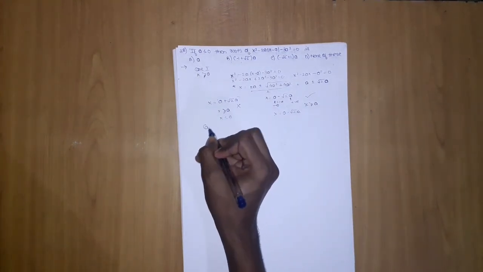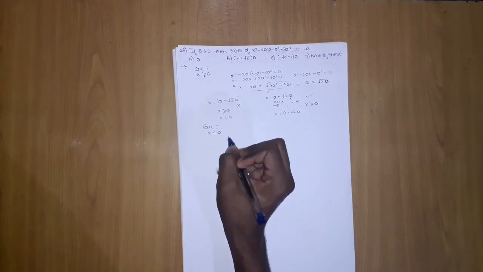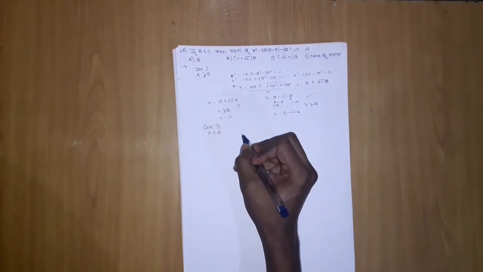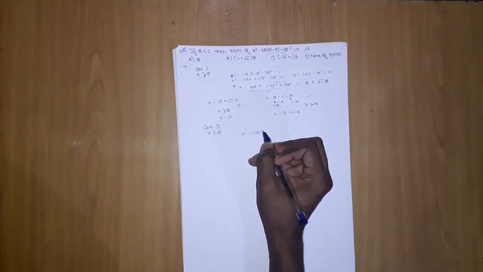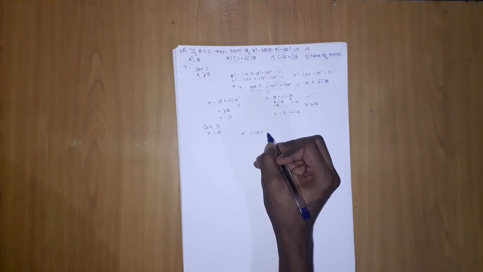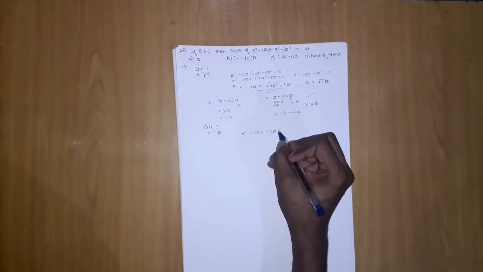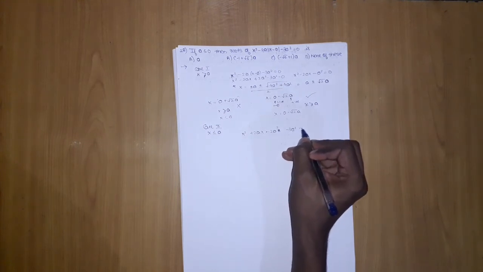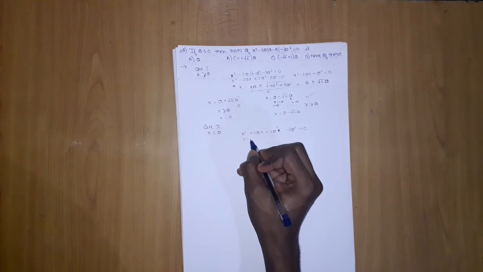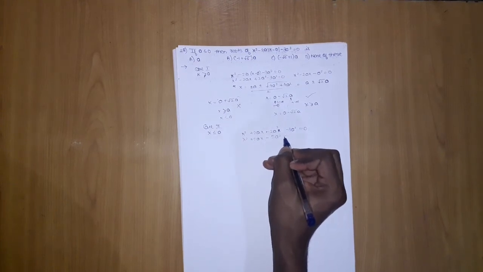So let's take case 2. Case 2 tells x should be less than or equal to a, according to which x square plus 2ax, here a negative sign will appear, and minus 2ax, 2a square minus 3a square should be equal to 0. Moving on further, x square plus 2ax minus 5a square should be equal to 0.